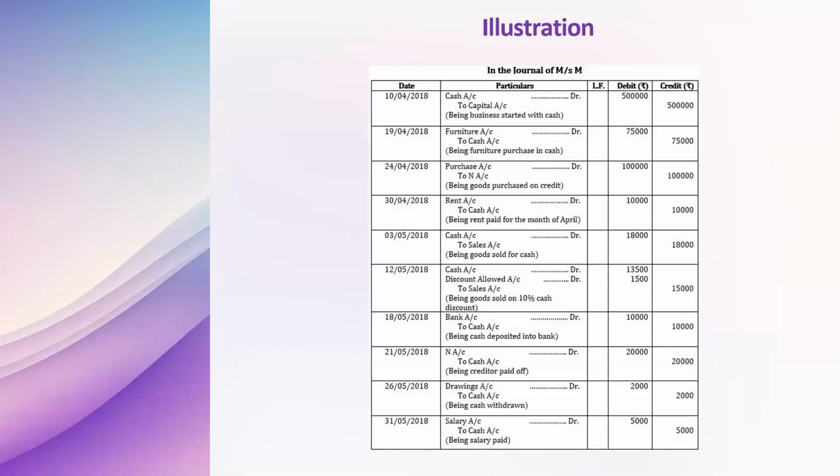Cash account debtor to debtors, and the account receivable will be credit, like Karim's account. So cash account debtor to Karim's account creditor. Yes, good. Very good.